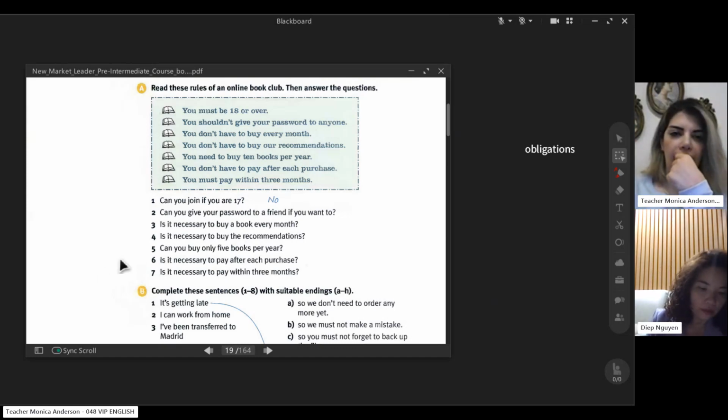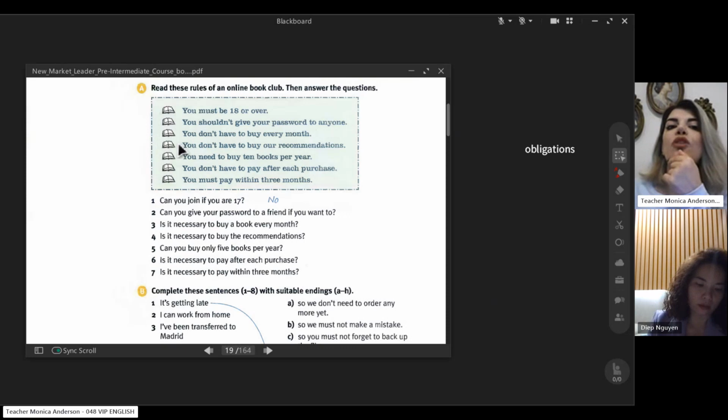You don't have to pay after each purchase. Is it necessary to pay after each purchase? No, it isn't, of course. You needn't to pay after each purchase.